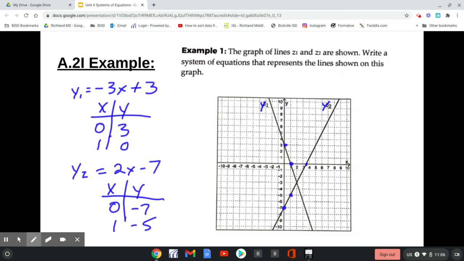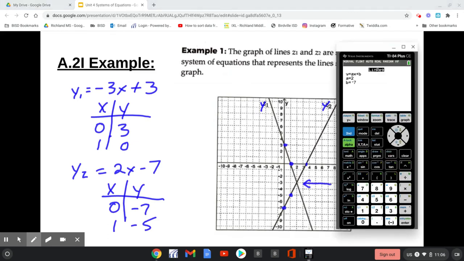Now we're going to check and see if this is the solution, which we see right here. So I'm going to hit y equals. I'm going to put in -3x plus 3 and hit enter. And then I'm going to put 2x minus 7 and hit enter.